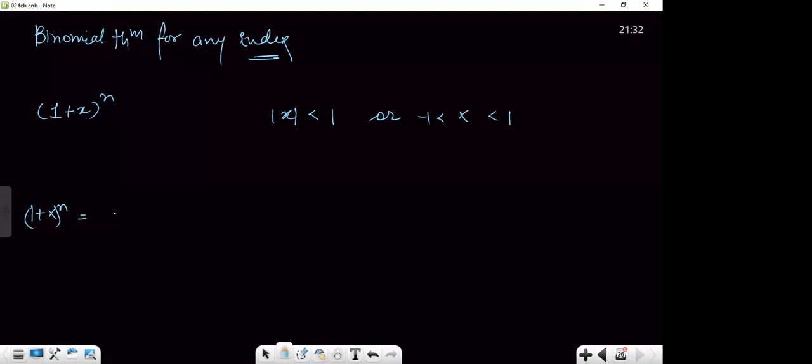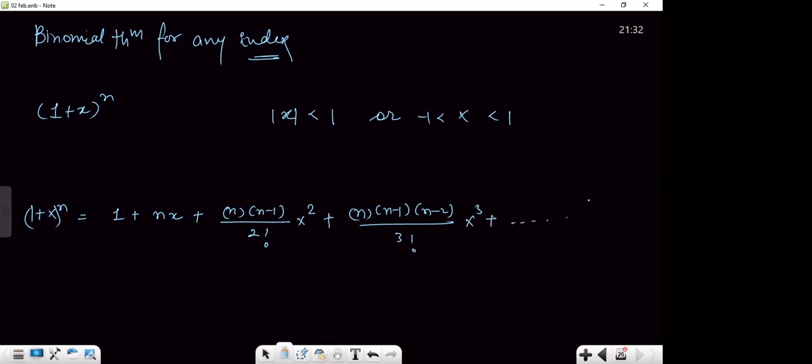(1 plus x) raised to n is 1 plus nx plus n into (n minus 1) divided by 2 factorial into x square plus n into (n minus 1) into (n minus 2) divided by 3 factorial x raised to power cube, and this will go on and on till infinity.